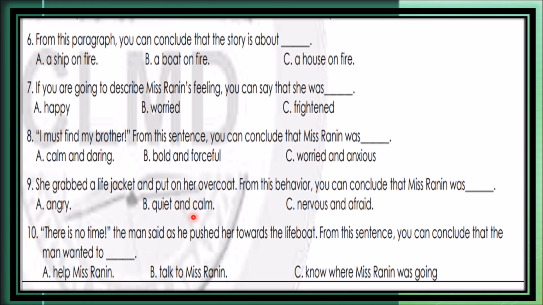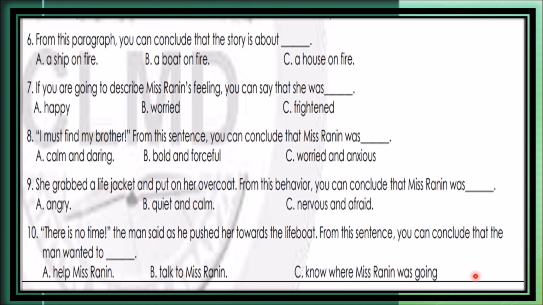B. Quiet and calm. C. Nervous and afraid. So then, number 10, there is no time, the man said as he pushed her towards the lifeboat. From this sentence, you can conclude that the man wanted to A. Help Miss Ronin, B. Talk to Miss Ronin, and C. Know where Miss Ronin was going.